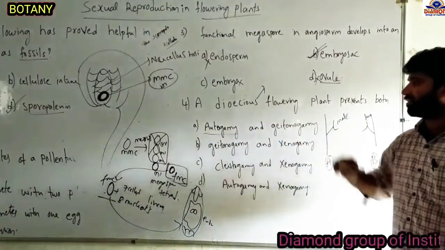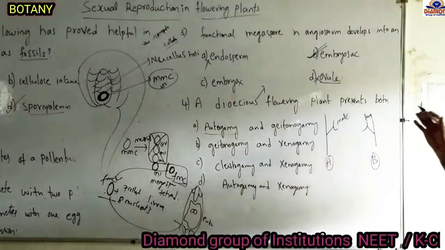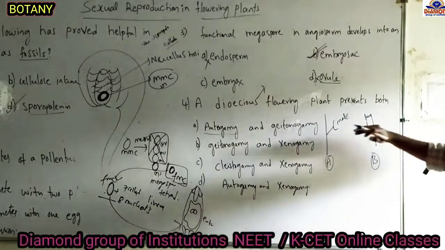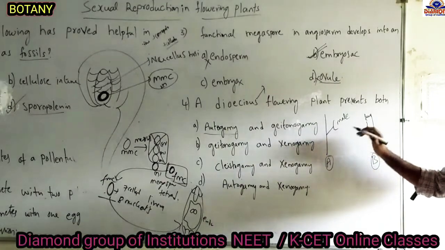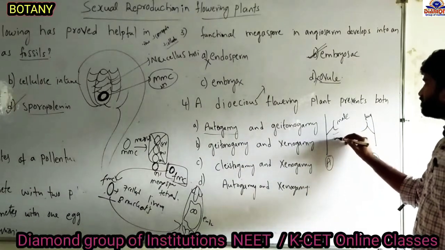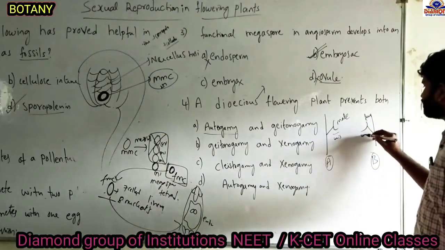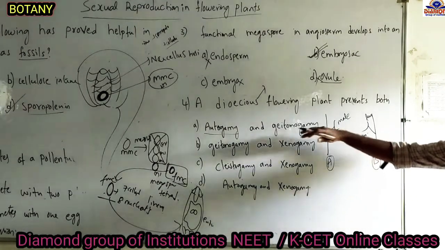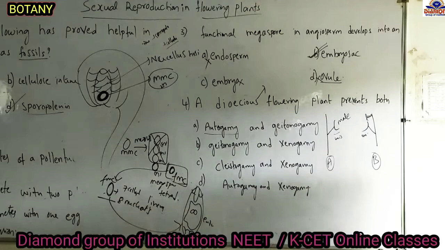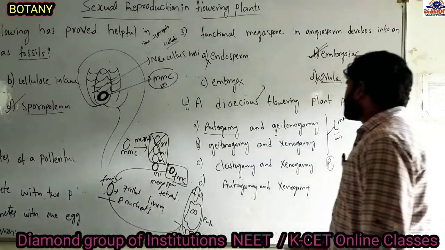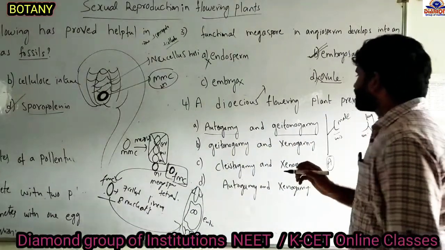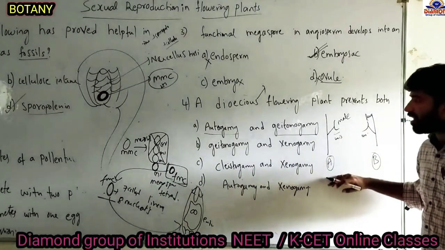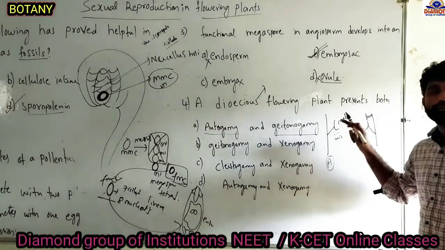But autogamy will never take place in dioecious plants, because in dioecious plants the flowers are unisexual male and unisexual female. So that's why autogamy is always prevented. And geitonogamy is the transfer of pollen grains from the anther to the stigma of a different flower of the same plant.